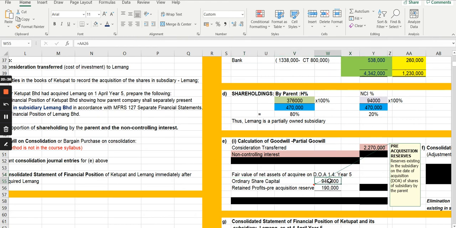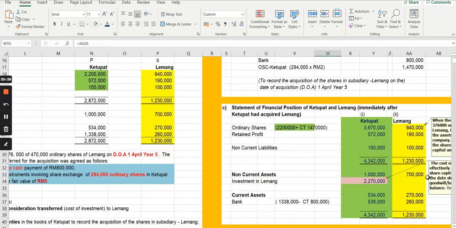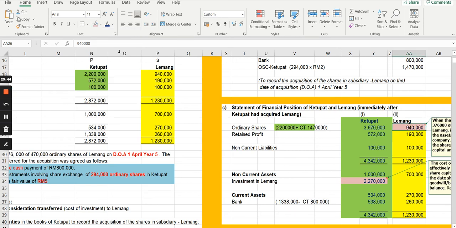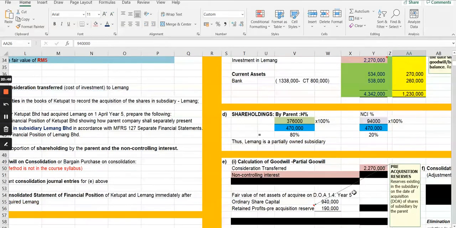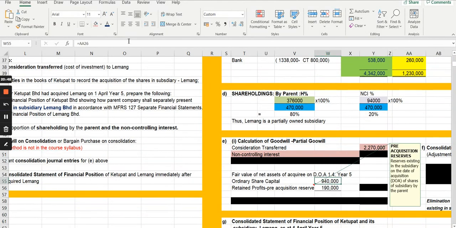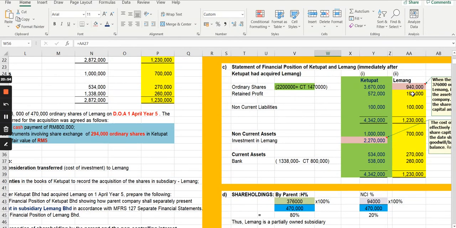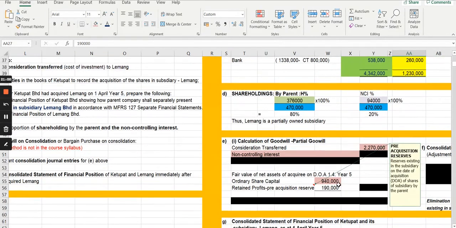So the share capital is 940, and this 190,000 is the retained profit. The profit stated here is the pre-acquisition profit.